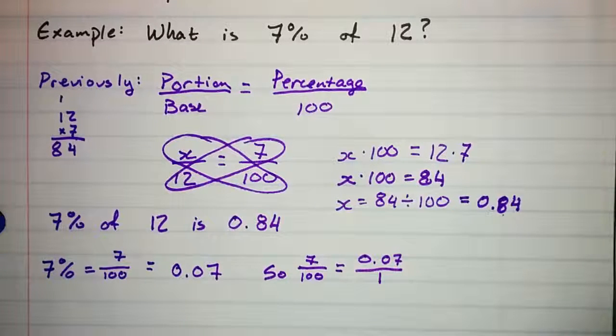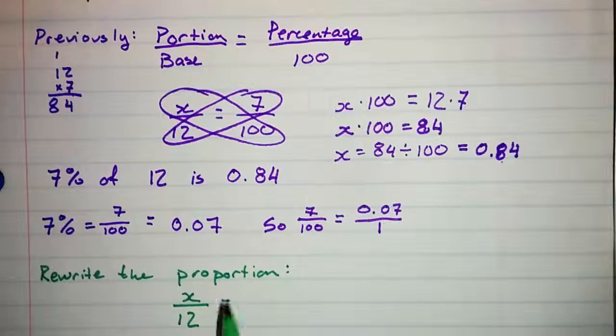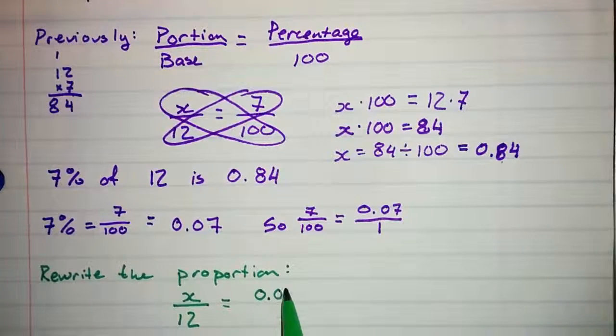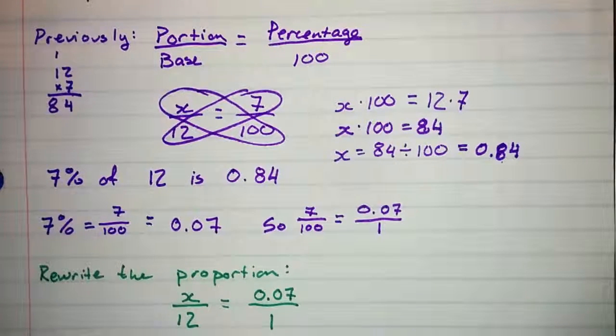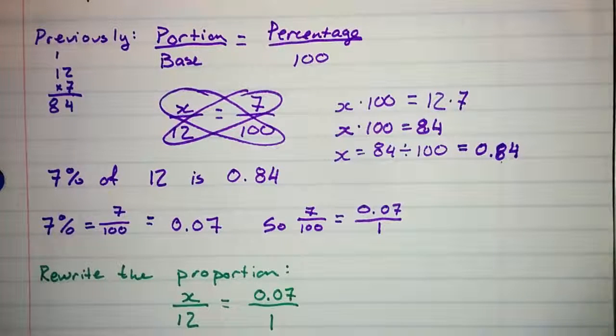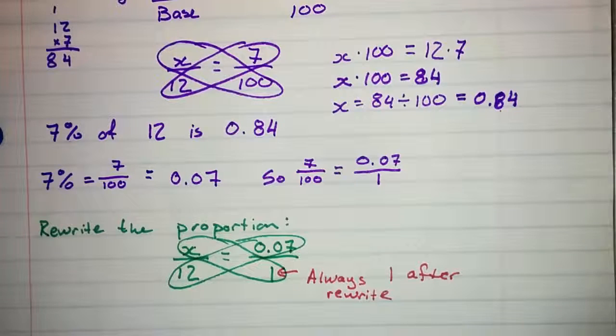over 1. Replacing that in this proportion, x over 12 is staying the same. Instead of 7 over 100, I'm going to write 0.07 over 1. And this is always going to happen this way. I'm going to always end up with over 1 if I've written my percent as a number. And that means that when we cross multiply, we're going to be multiplying x times 1.